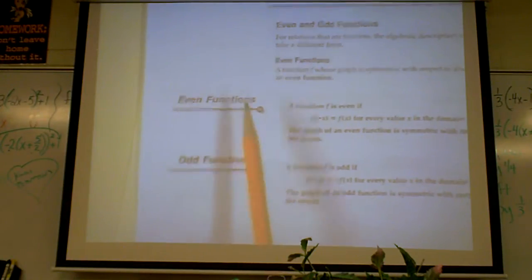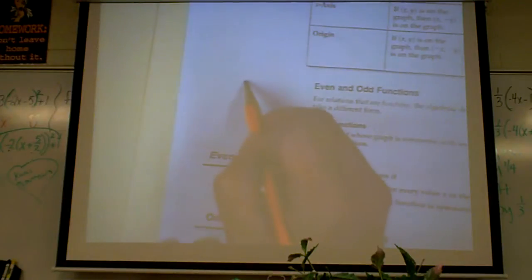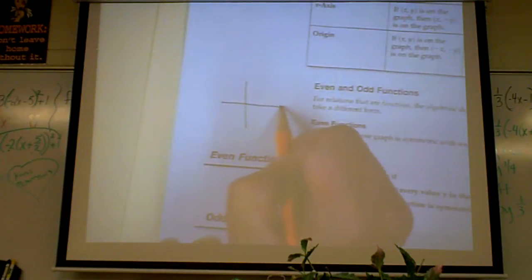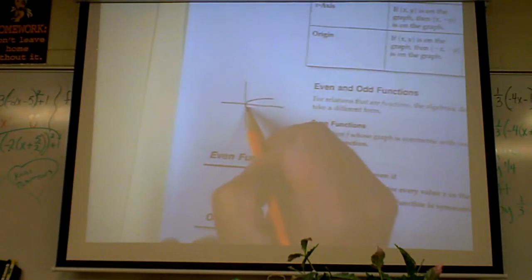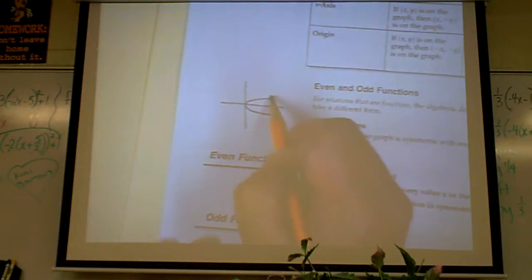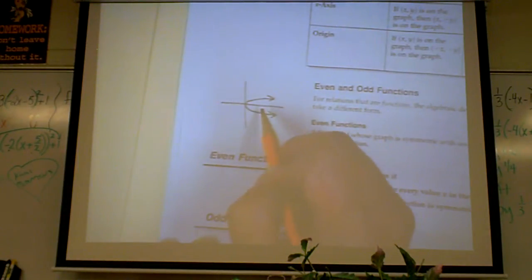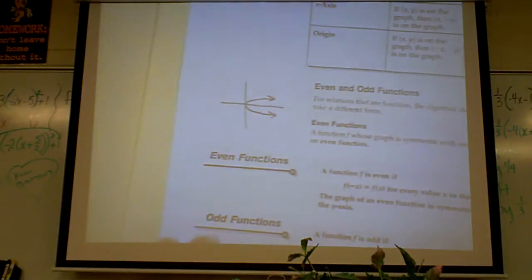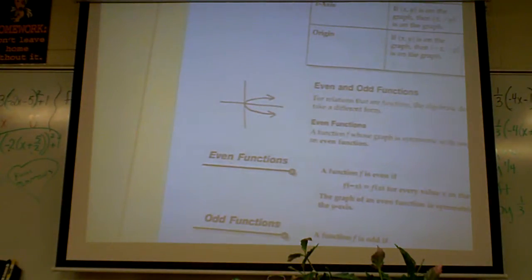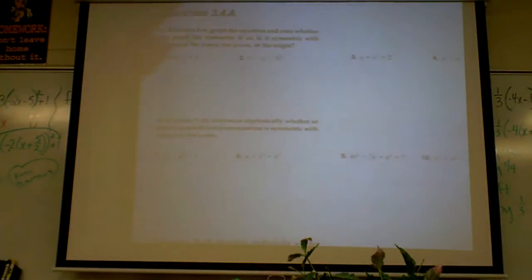But if you had a picture, something like this that we just did, this one has symmetry to the x-axis, but it's not a function. So we can't call it another name. We can't use that word function with those ones. Does that make sense? Hopefully it does. Okay, this is your homework.